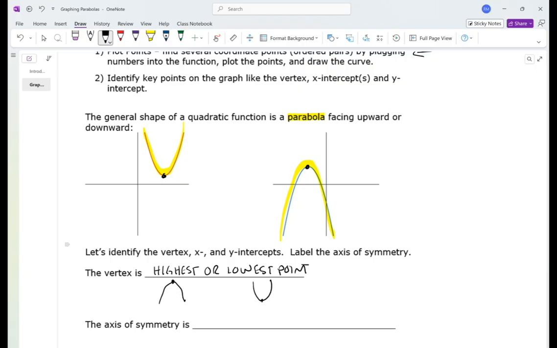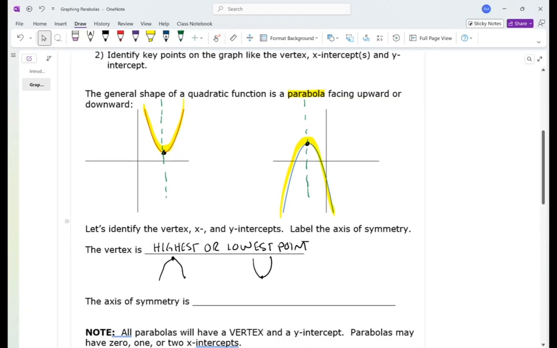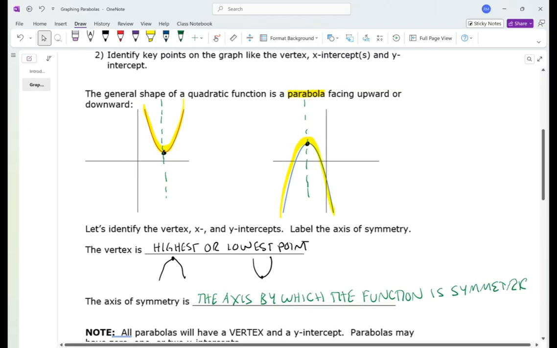The axis of symmetry, something that you'll hear about, is the axis by which the function is symmetric. What that means is that the graph looks the same on the left as it does on the right.